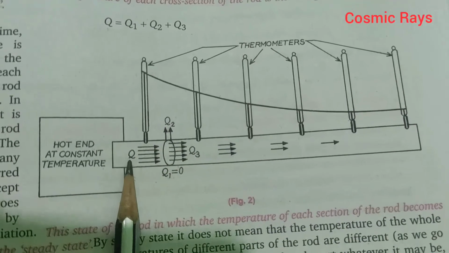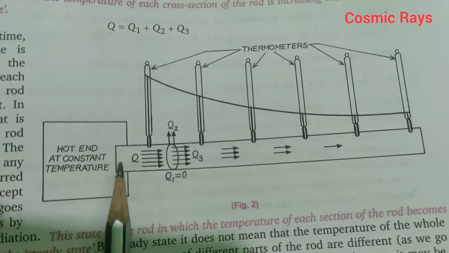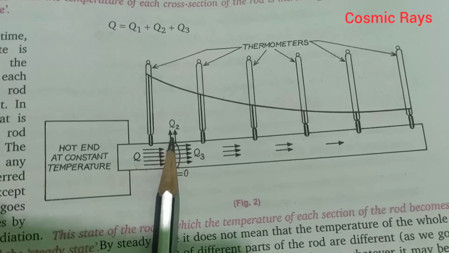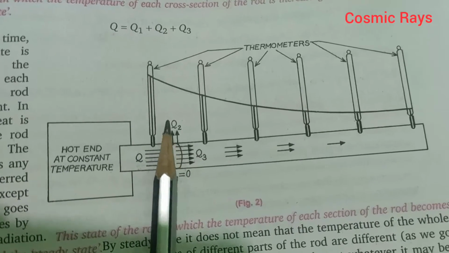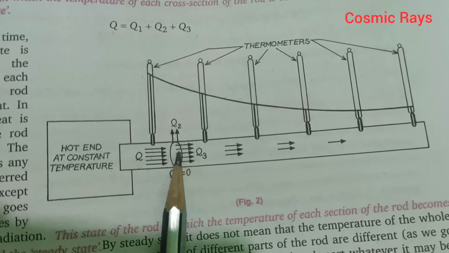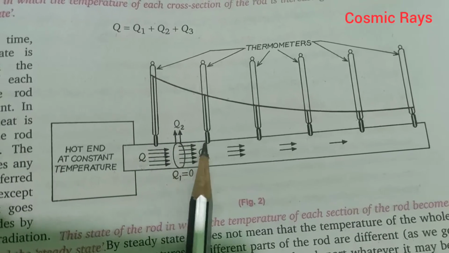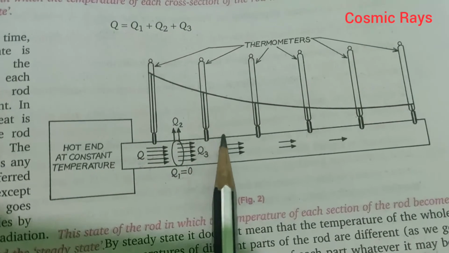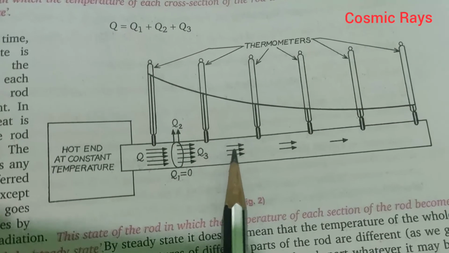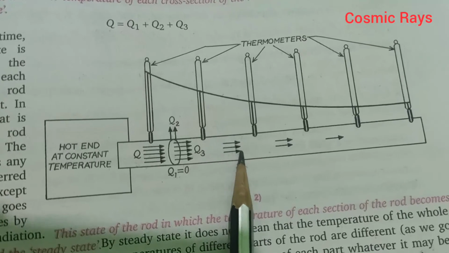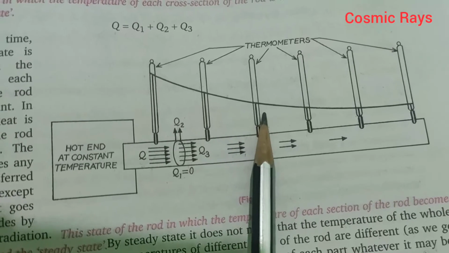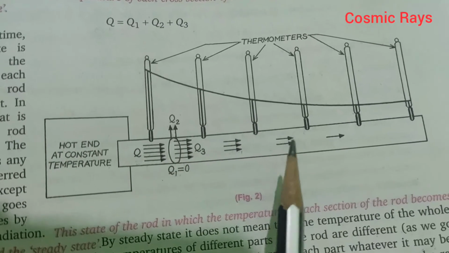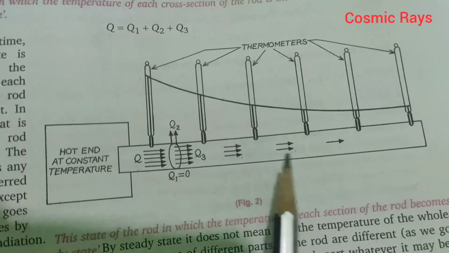So if Q is the amount of heat which is transferred from the hotter end, then we have Q2 amount of heat which will be lost to the atmosphere, and the remaining, that is Q3, will be transferred to the next area of cross section. Again some energy will be lost to the atmosphere and the remaining will be transferred to the next area of cross section. Some will again be lost to the atmosphere and the remaining will be passed on to the next area of cross section, and the process continues.